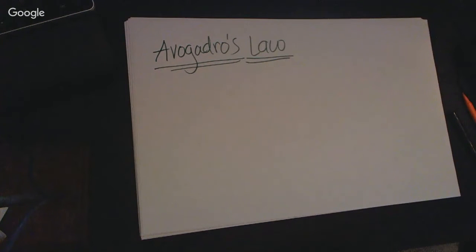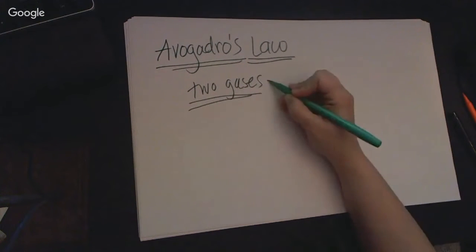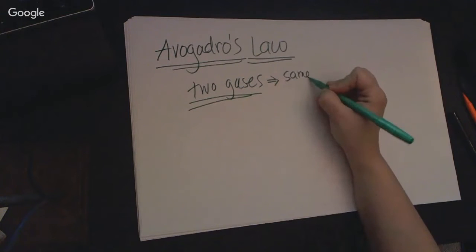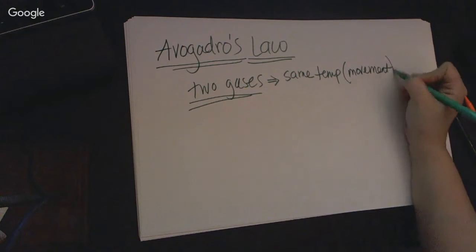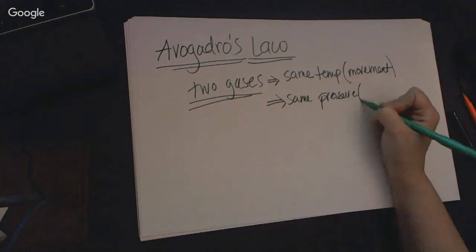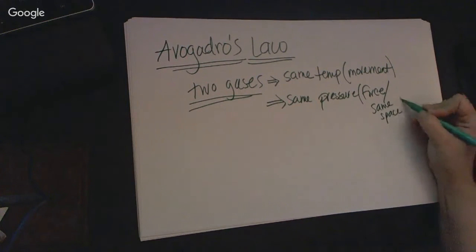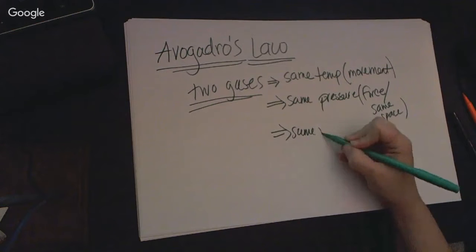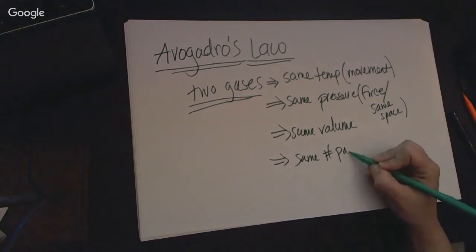You will never need to do any sort of math with Avogadro's law, but what you do need to know is that if you have two gases with the exact same conditions, meaning they are at the same temperature, which means they have the same amount of movement, the same pressure, which means they have the same amount of force exerted on them, and the same volume, so they are confined to the same amount of space, you are going to have the same number of particles.